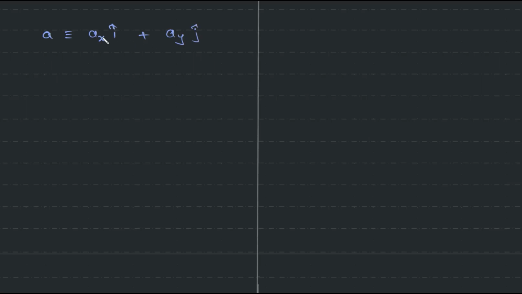So acceleration along the x-axis plus acceleration along the y-axis. This is how we can define the acceleration in two-dimensional motion. So acceleration along the x-axis is quite simple. It's nothing but change in the velocity along the y-axis with respect to time, and same funda with the other. That's it, as simple as that.